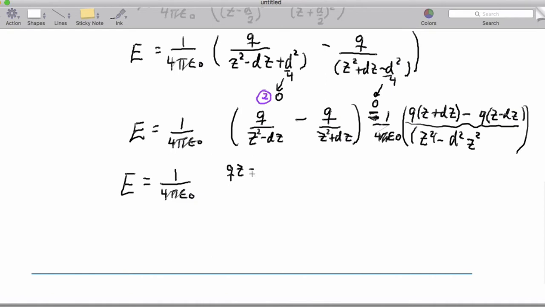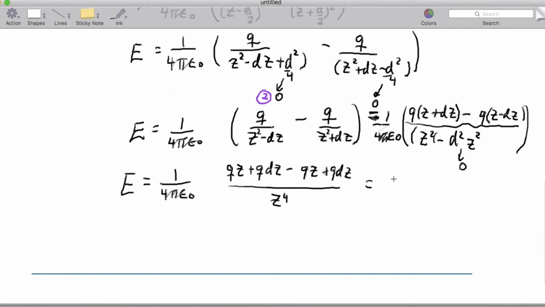Now, so this is qz. I'm going to FOIL it out, plus q dz minus q z plus q dz, all over z to the 4th, because this drops out from condition 2.